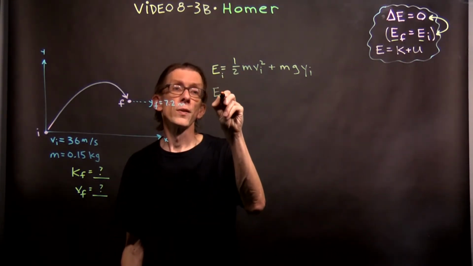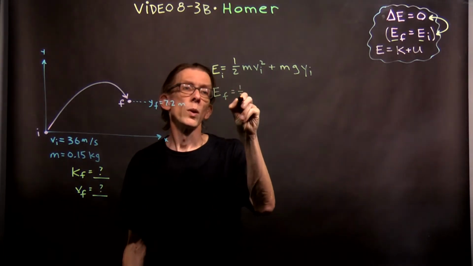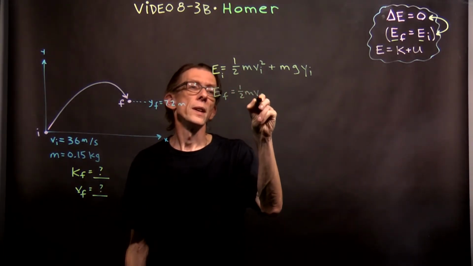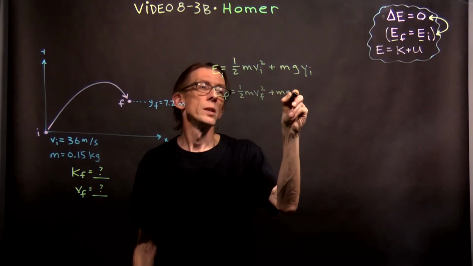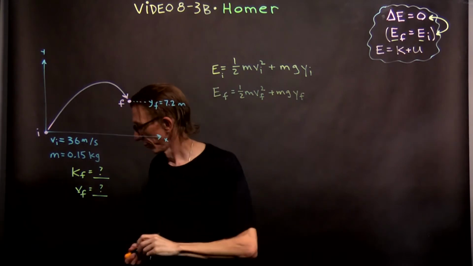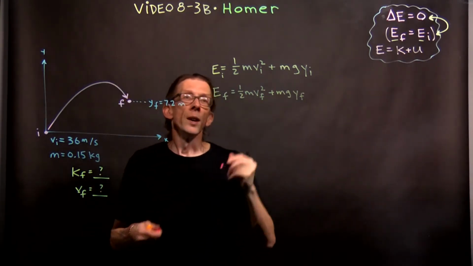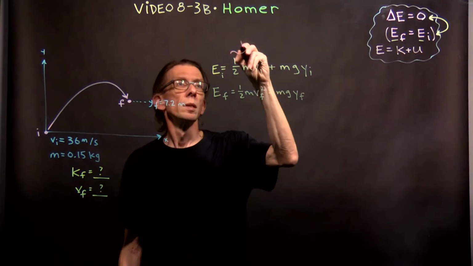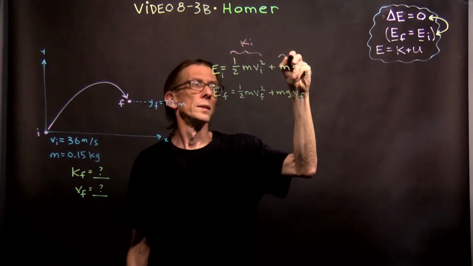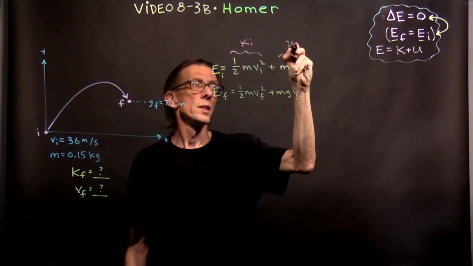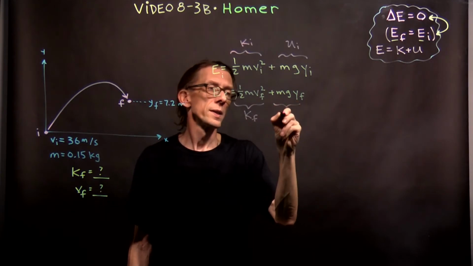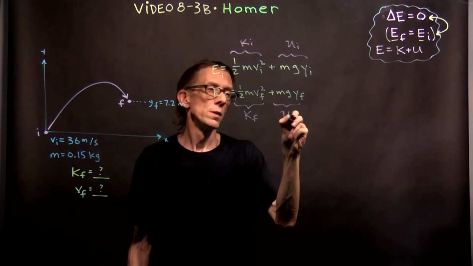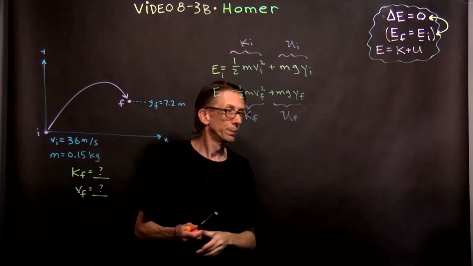The final energy of the ball will be 1/2 m vf squared plus m g yf. This is initial kinetic, this is initial potential energy, this is final kinetic, and this is final potential energy.